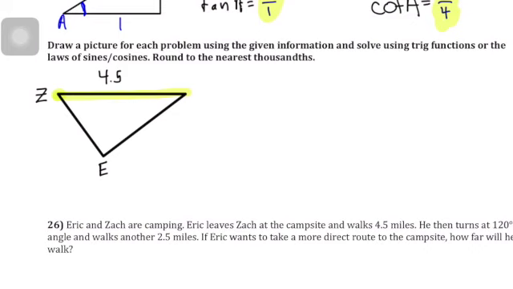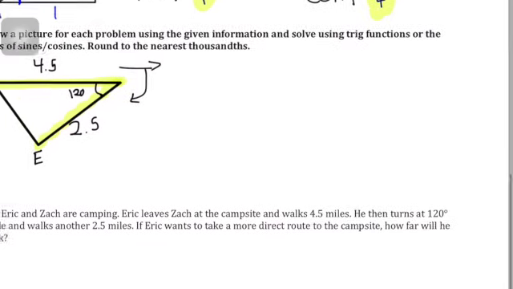So if he's facing straight ahead, he's now going to turn 120 degrees. So that's going to be this angle right here. He's going to turn 120, and he's going to continue walking for about another 2.5 miles. And then it's saying if Eric wants to take a more direct route back to the campsite, how far will he travel?